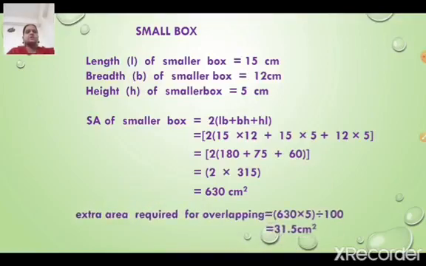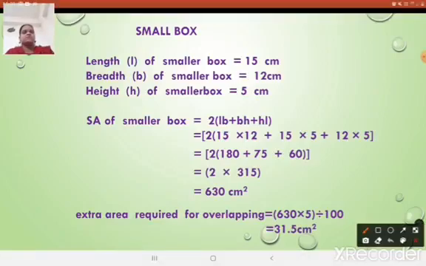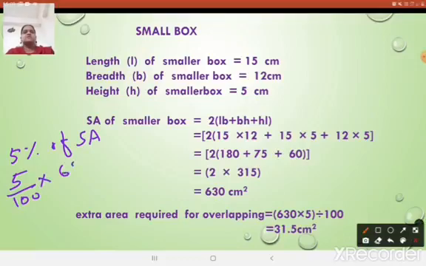Let us see the next step. Next step is what? We have to find the extra area required for overlapping. So what was that? 5% of the total surface area. Do you remember the steps? Yes, it is 5% of SA. So 5% means 5 upon 100 into SA, that is 630.